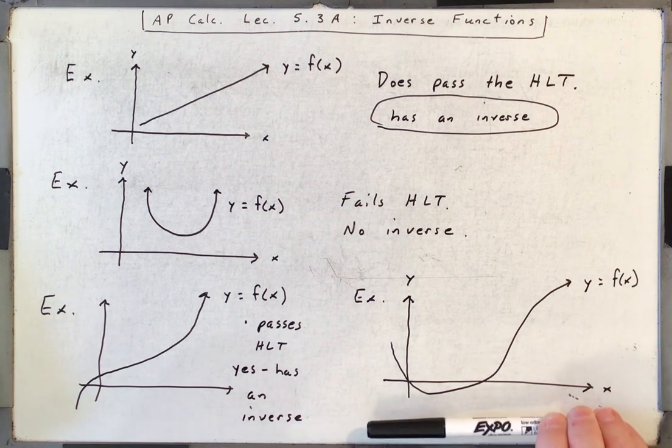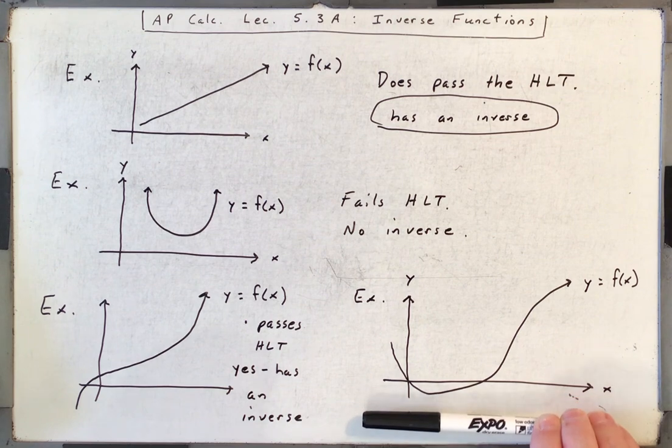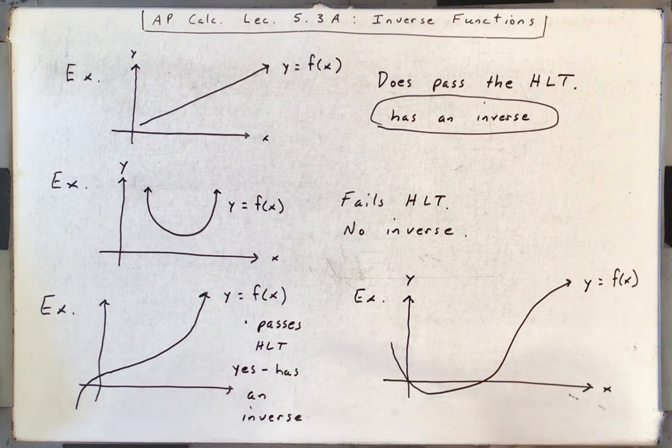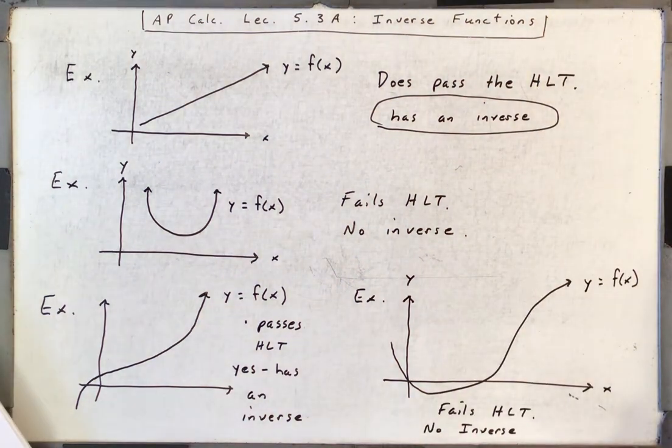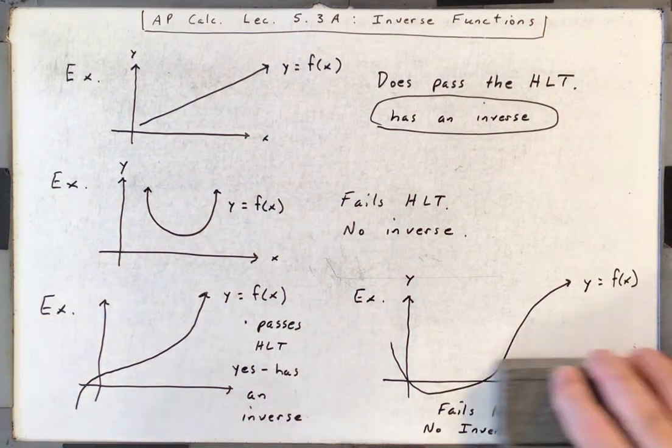And you can restrict the domain, but we're not restricting the domain here. So this function fails the horizontal line test. So there is no inverse. All right, so that does it for page 2 of your notes.